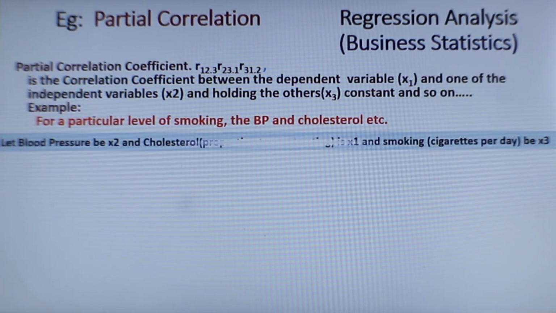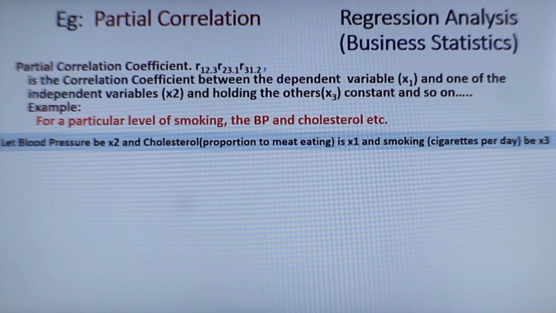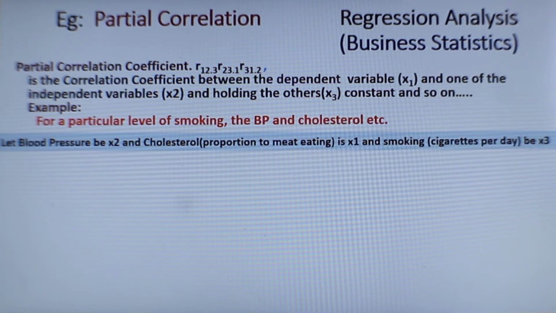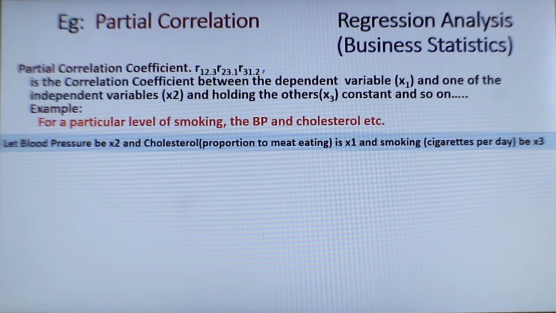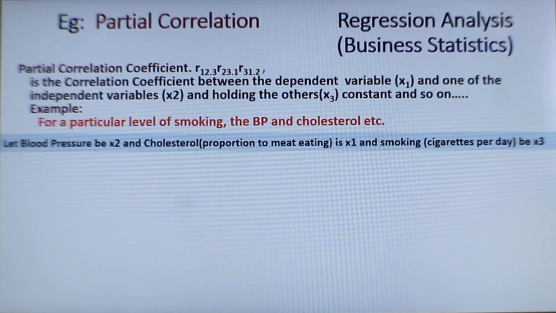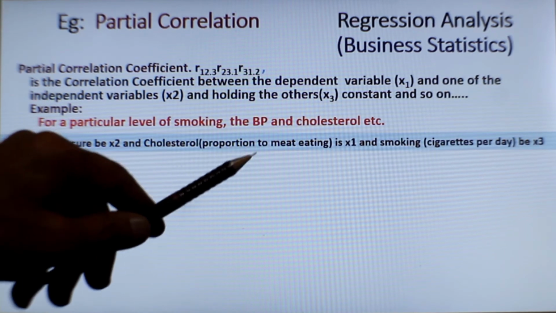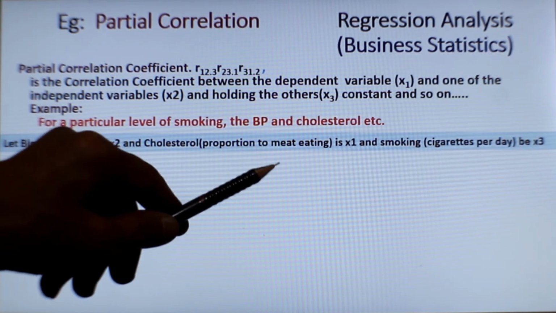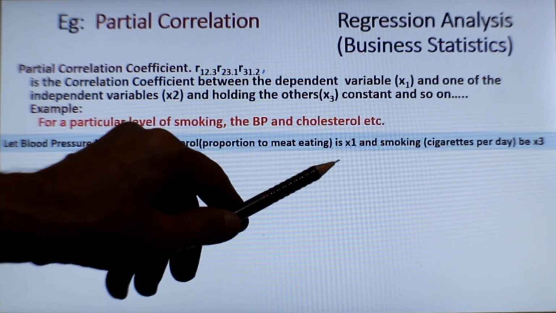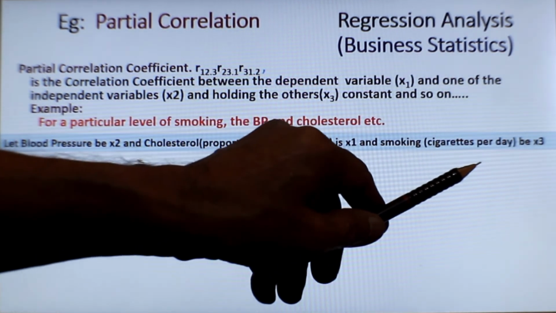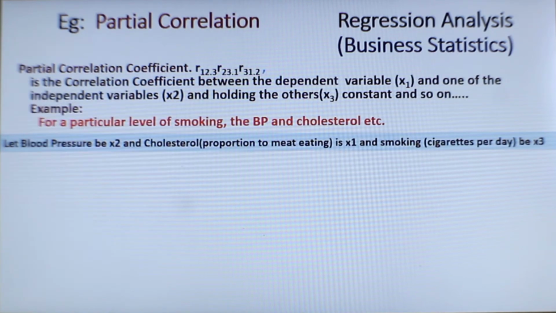Now we will understand this partial correlation coefficient by way of an example. The data is fully assumed data to explain the relationship between the independent variables and the dependent variable. Let blood pressure be x2, the dependent variable. Cholesterol, which is proportional to meat eating, is x1, an independent variable, and smoking cigarettes per day is another independent variable, x3.